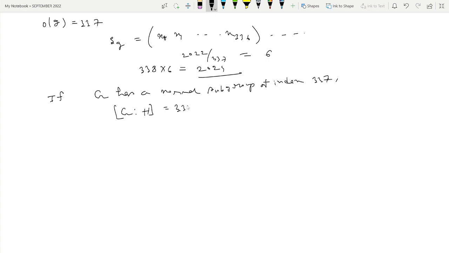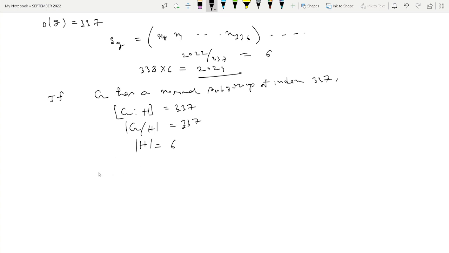Since this is a normal subgroup, the quotient group G by H is of order 337, so H is a subgroup of order of G divided by 337, that is actually 6. So that means G has a normal subgroup of order 6.